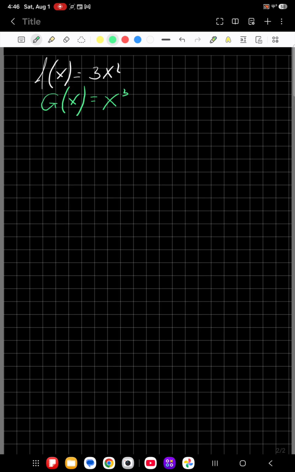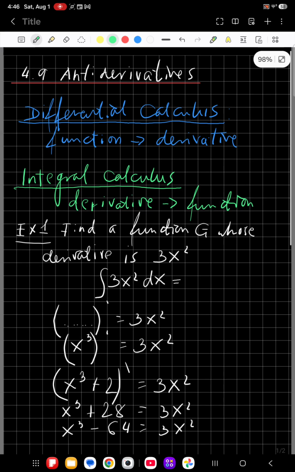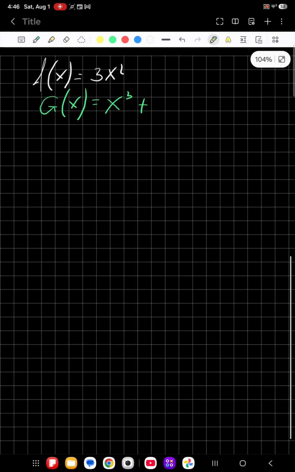And now, you saw that the solution actually was x cubed plus any constant, any number. So I'm going to denote that constant as c. Okay, so that's one way of writing the solution to the problem.